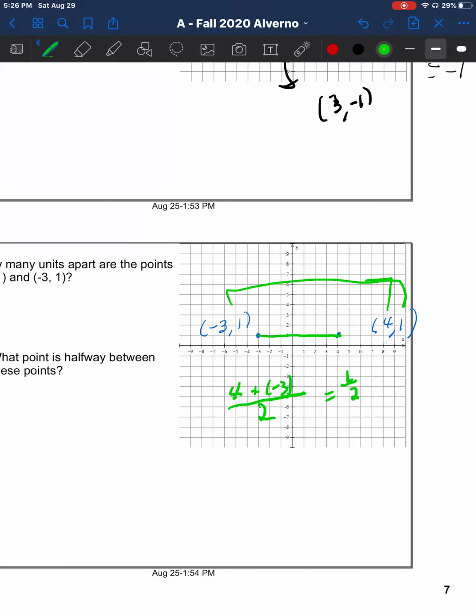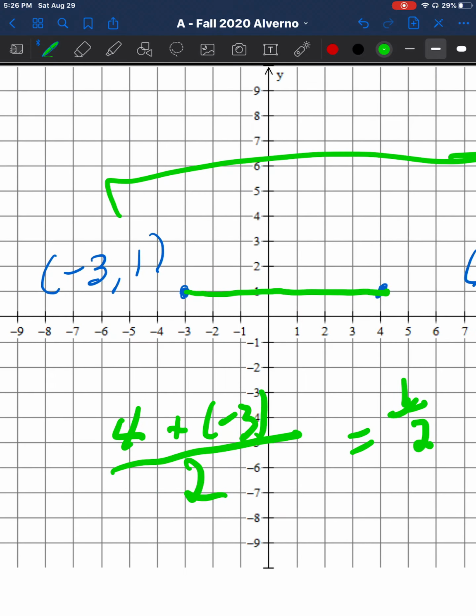If we look at this closer, this is a half, which is halfway between the two. That makes sense, because from minus 3 to 4 is 7, and 7 divided by 2 is 3.5. So that's the value right in the middle, and that point is 1/2, comma 1.